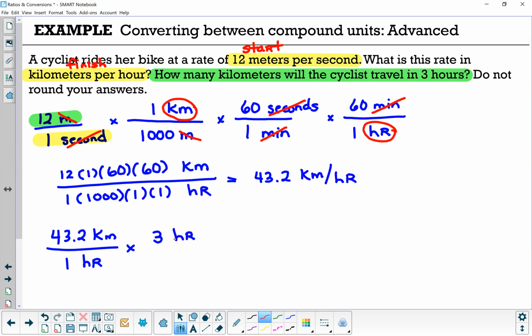That's when you mess up the unit analysis and then your answer doesn't make sense. All right, so hours divided by hours, that's eliminated. So we're left with kilometers. So you multiply 43.2 times 3, and that gives you 129.6 kilometers.